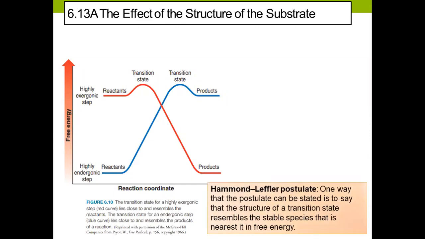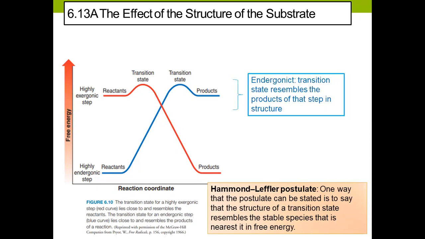So according to the Hammond-Leffler postulate, one way the postulate can be stated is that the structure of the transition state resembles the species that is nearest in its free energy. There are two types of reactions.